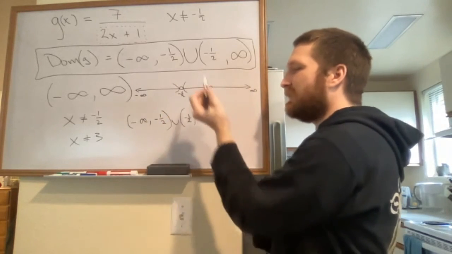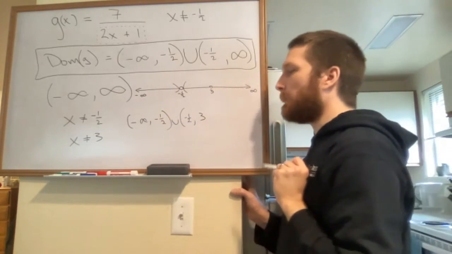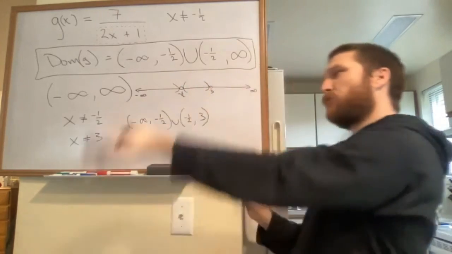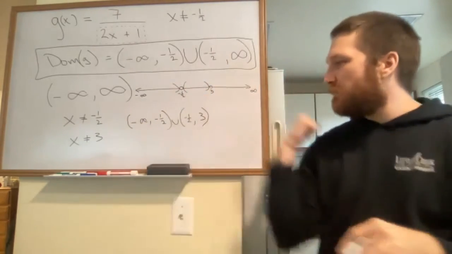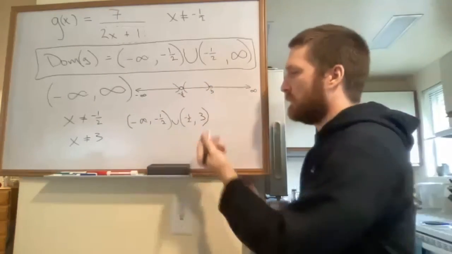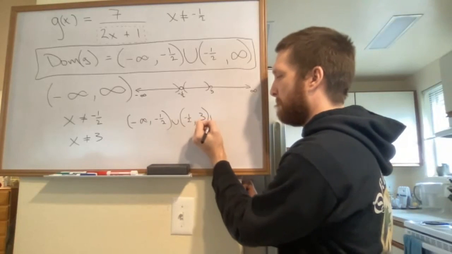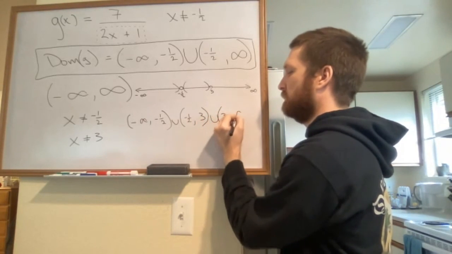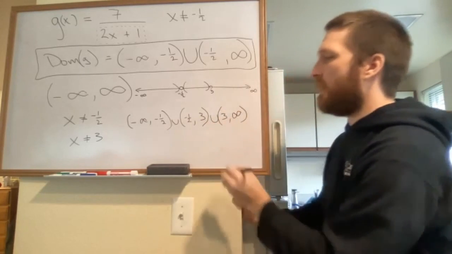And so that leaves me what? Soft bracket, because we are not including 3. 3 has to be excluded. And then we move beyond 3, and then what? Union, soft bracket, 3, comma, infinity, soft bracket. There we go. And that's what I would do.